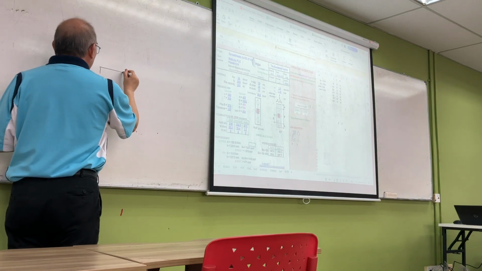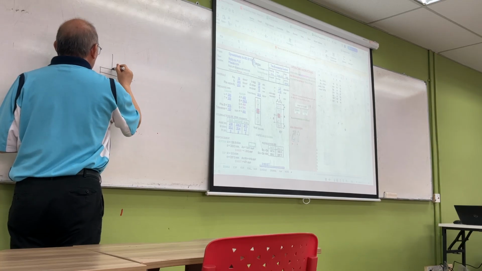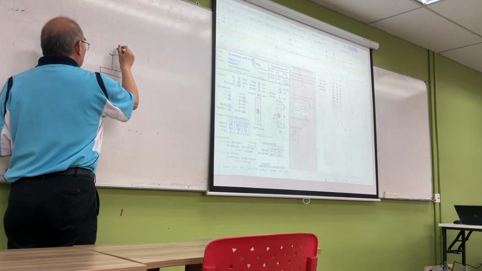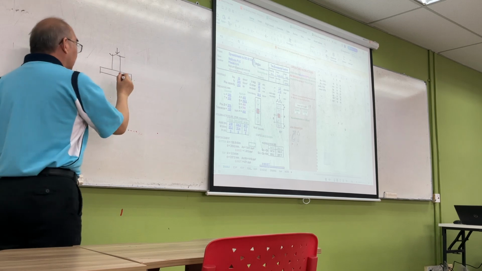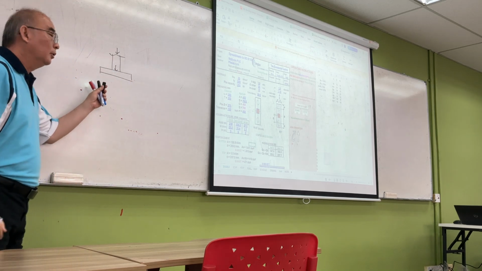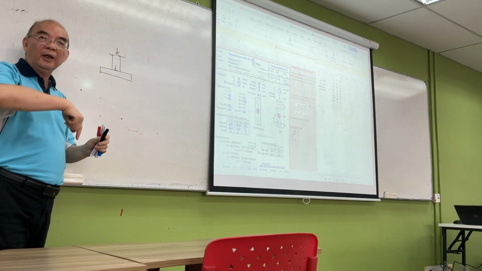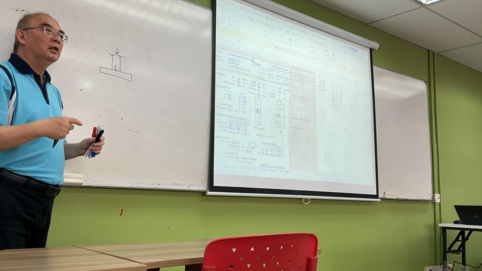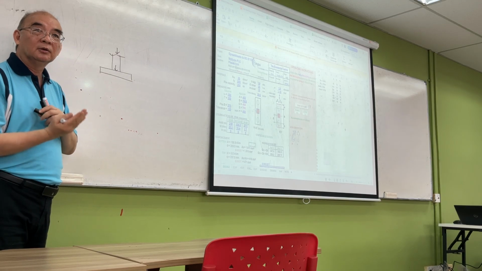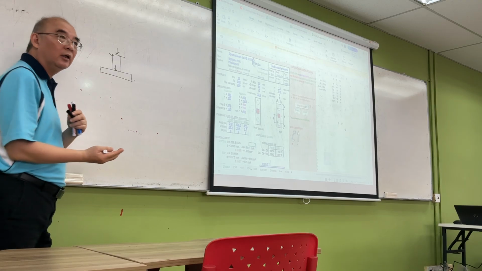So let's say I have this one. This is a column loading, right? Column coming down. Okay. So this slab here definitely has a column load acting on it. Besides that, it also has a soil reaction acting on it, right? Correct? Soil reaction.